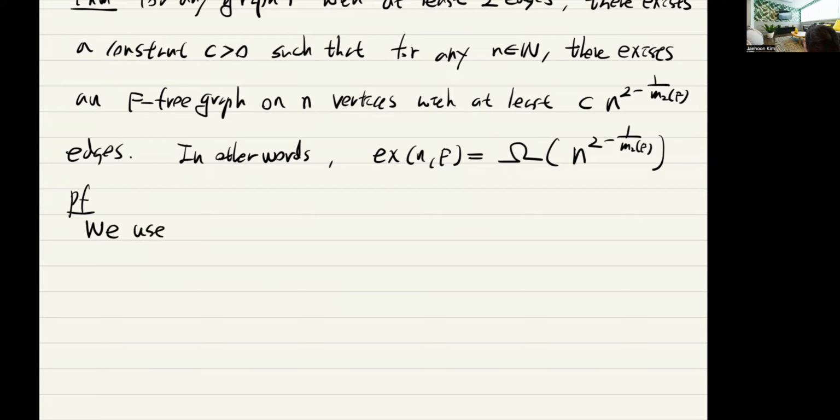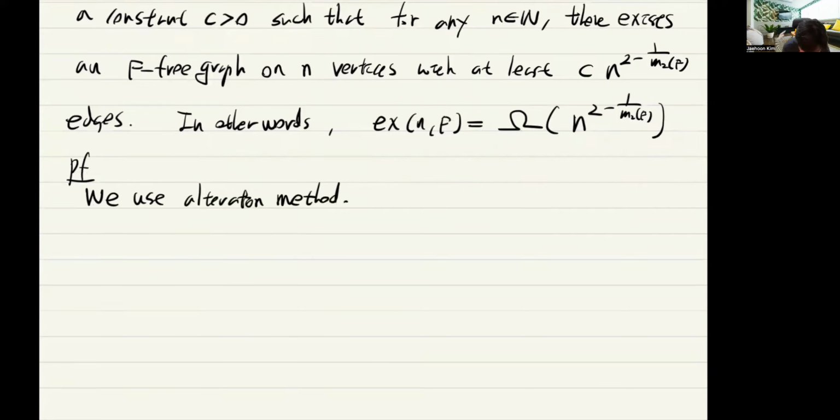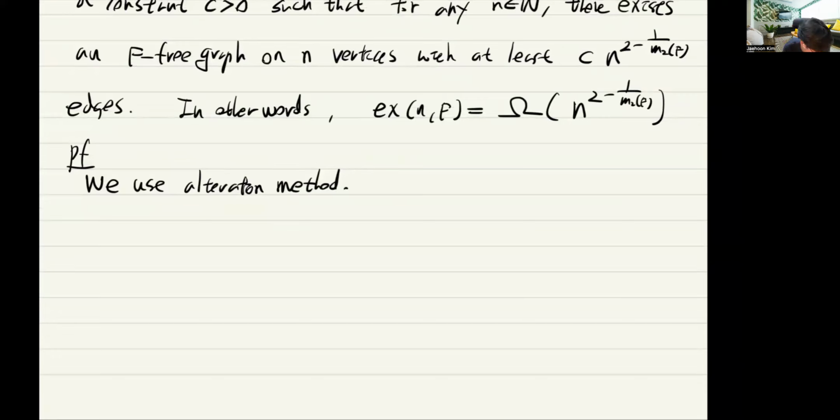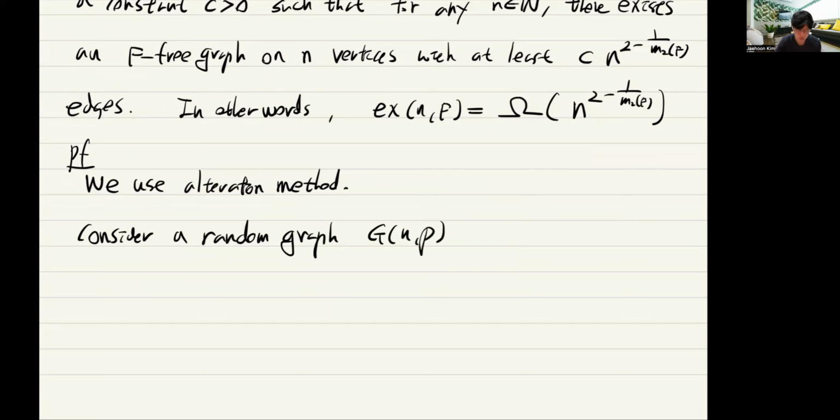So here we assume n is large, and we use something called the alteration method. If you've taken the probabilistic method course already, then you might be familiar with this. So what we do is we consider a random graph G(n,p) on the vertex set [n]. Whenever I write [n], it means the set of integers between 1 and n.